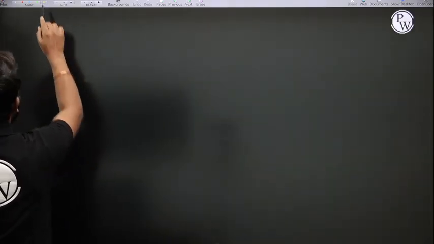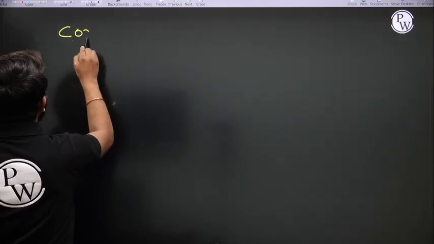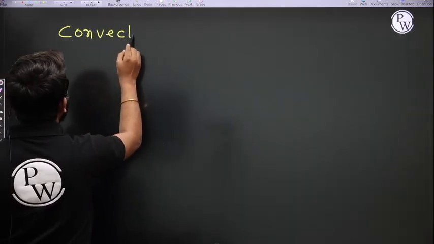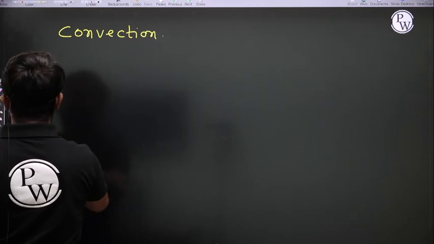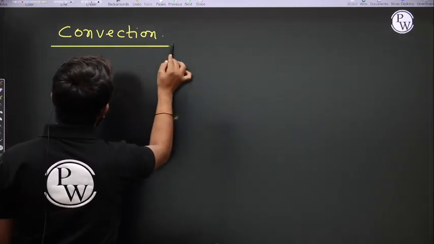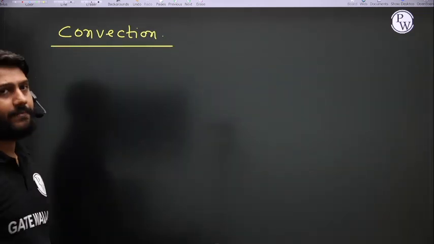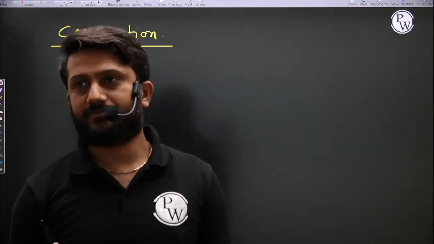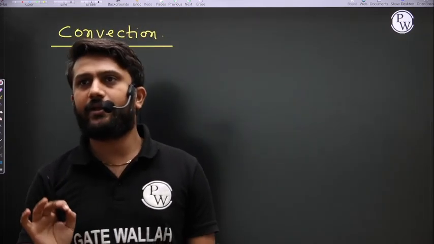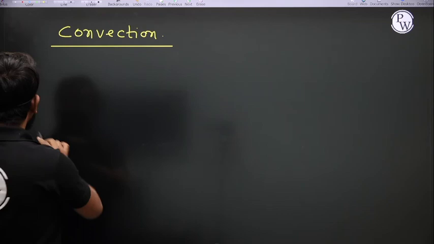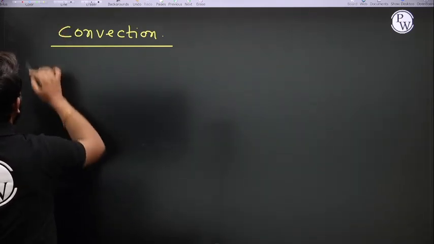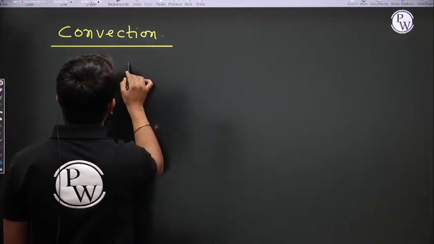So if I'm talking about convection heat transfer, this word convection is made of two terms or two words. The first one is conduction and the second one is advection, right?